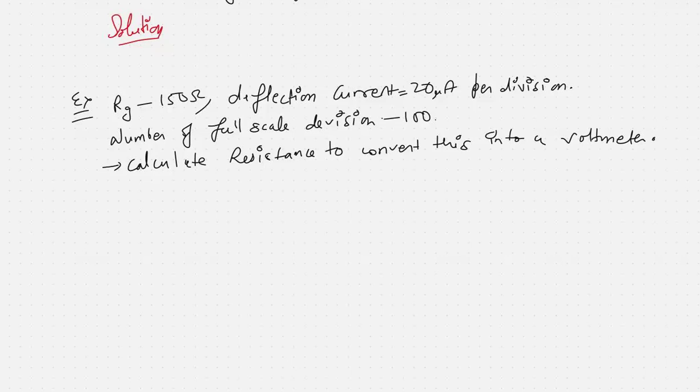Yeah, Ketna, how much have you got? What is the voltage? Wait, you're not audible properly. What is the voltage? Yes, 8 volt. A voltmeter of range 8 volt. That's it.